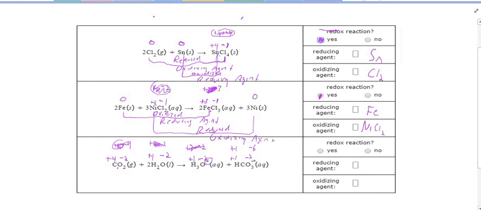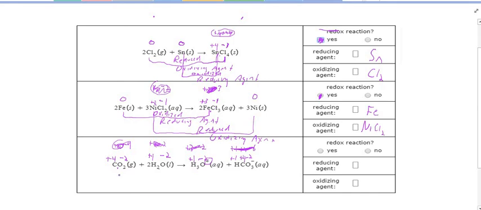Now keep in mind we have a minus charge. So this whole thing has to add up to a minus charge. And the only way that can happen is if the carbon is a plus 4. 1 times plus 4 is a plus 4. So if I add a plus 1, plus a 4, plus a minus 6, those all do add up to a minus 1. So I know that looks like a jumbled mess, but the hydrogen is a plus 1, the carbon is a plus 4, the oxygen is a minus 2.